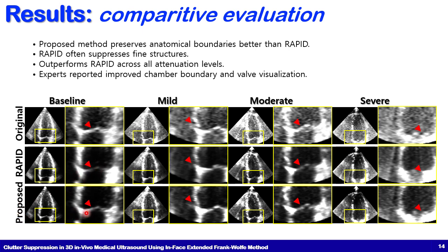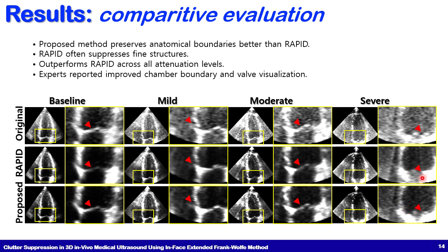Whereas the proposed method, which exploits both temporal and spatial filtration, preserves the structure quite well, and similar results can be seen in the mild, moderate, or even the severely degraded case.